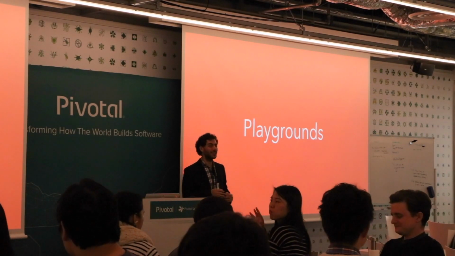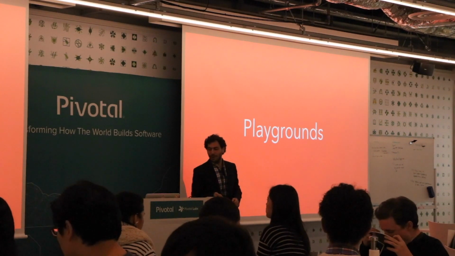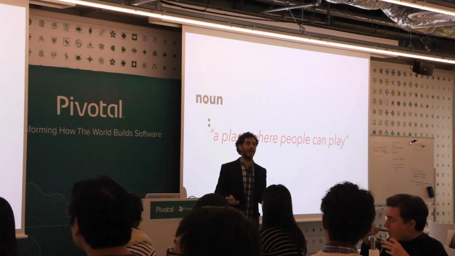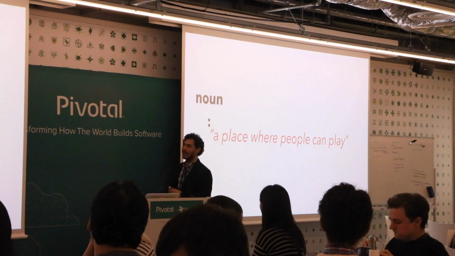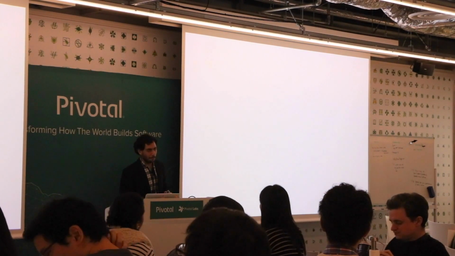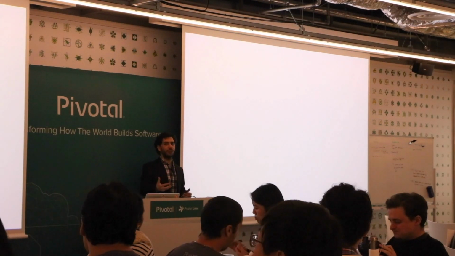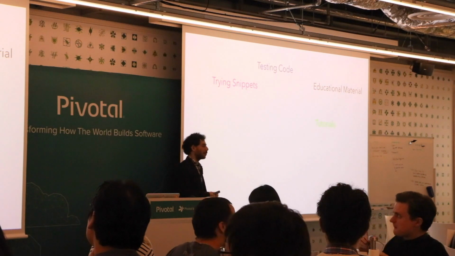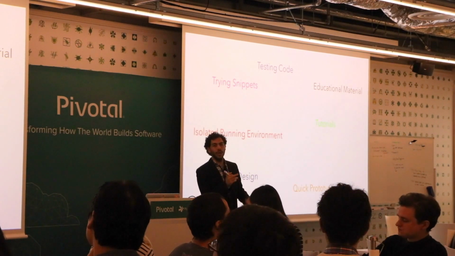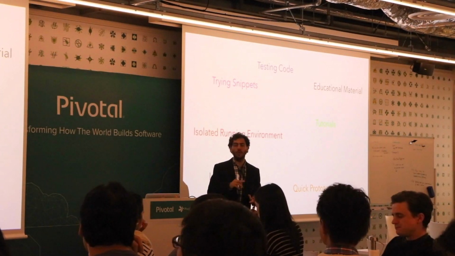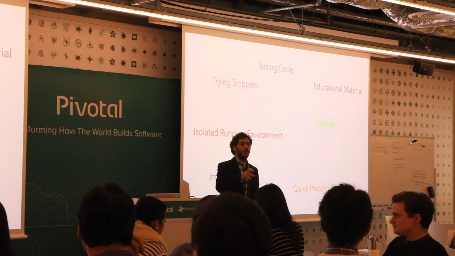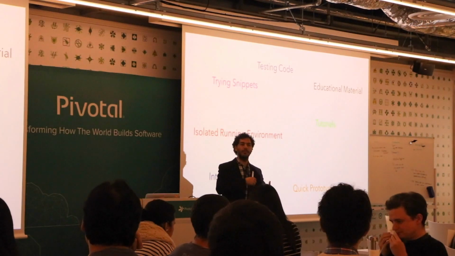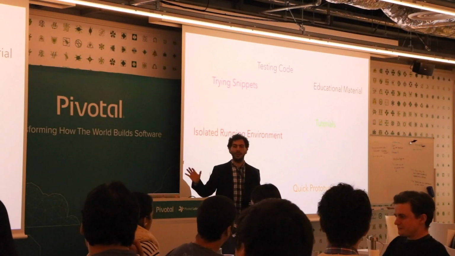Wow, okay, that's cool. So as the definition goes, a playground is a place where people can play. And that's exactly the kind of concept that the platform wants to transfer to everybody, which is a platform that you can use for testing code, for writing snippets, or iterating over code that is isolated from the main application, so you can basically improve it and then add it to the main project.